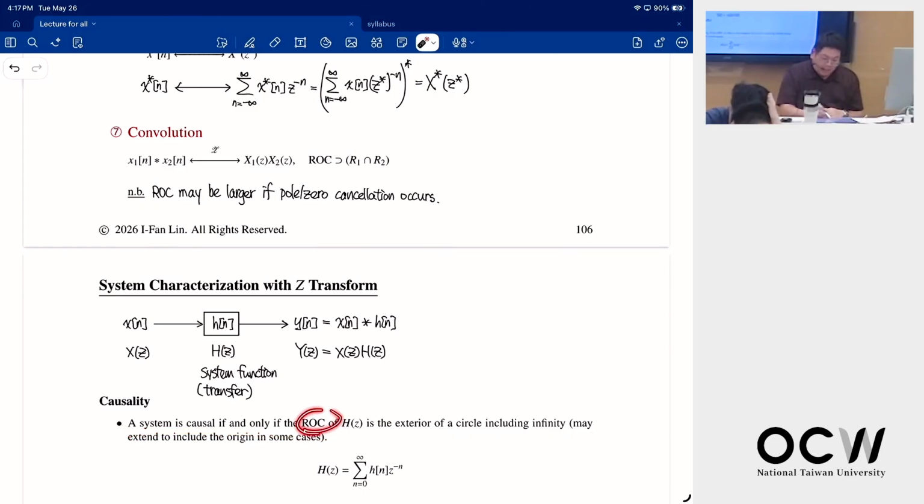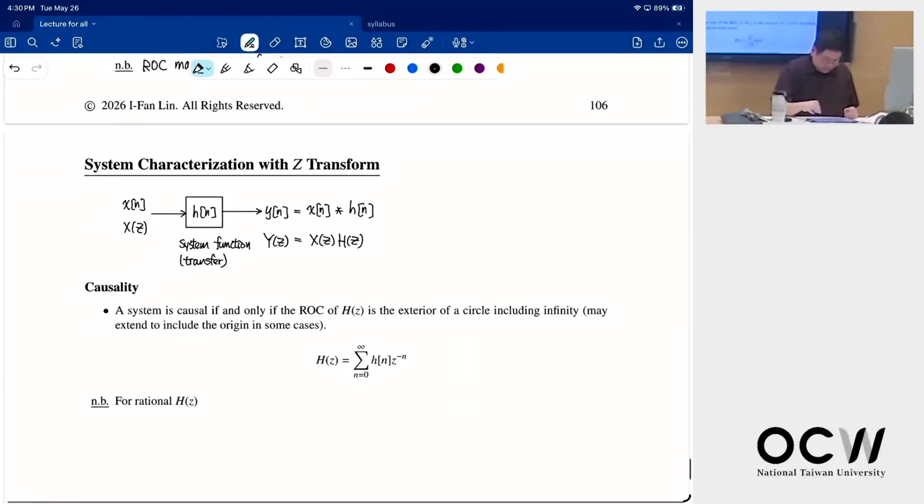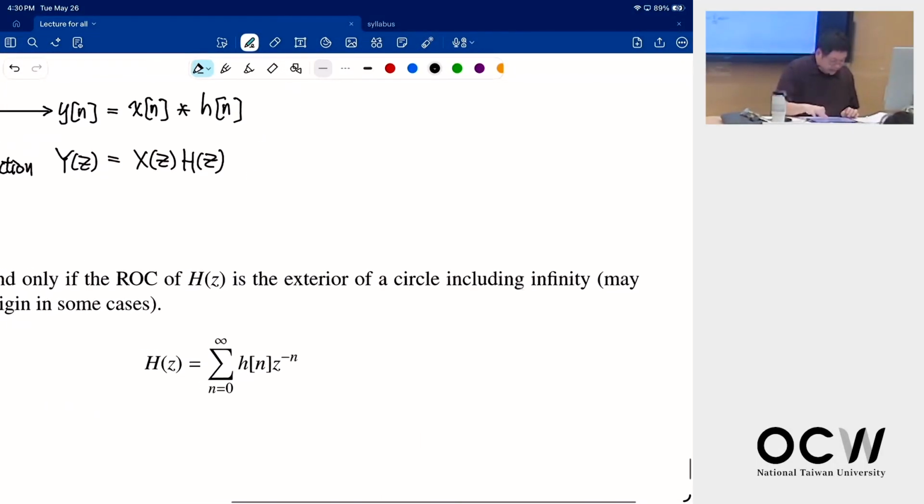The region of convergence is the exterior of a circle, including infinity. Then is the signal right-sided or left-sided? H of n should be left-sided or right-sided? So here we said it is right-sided, okay.